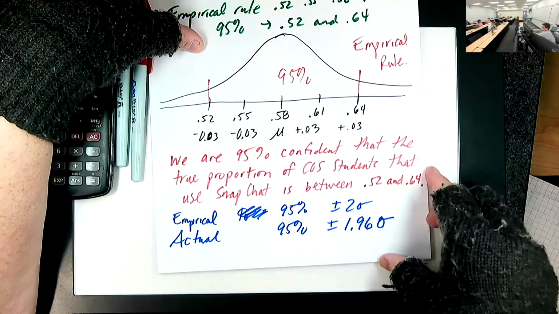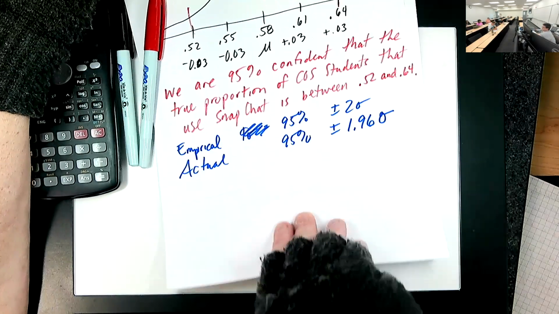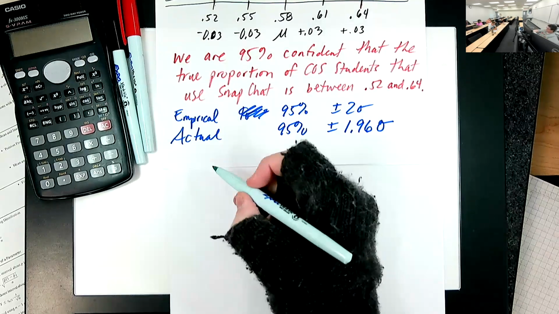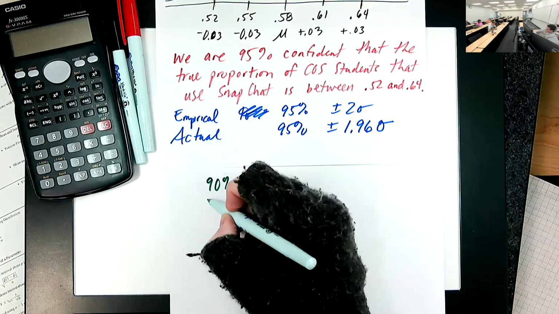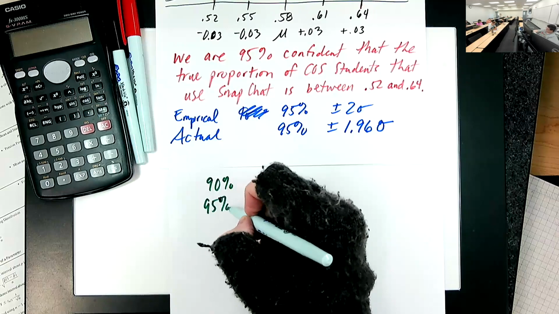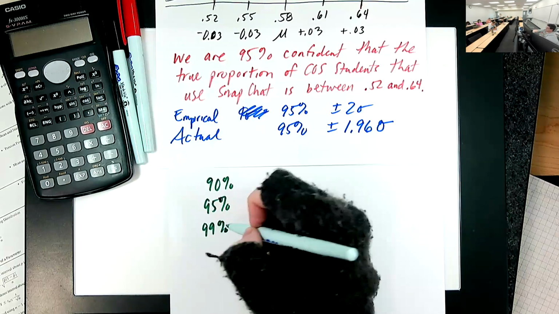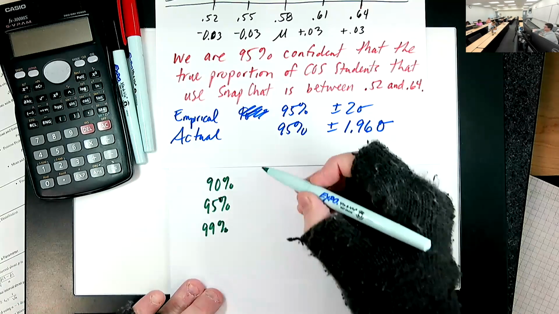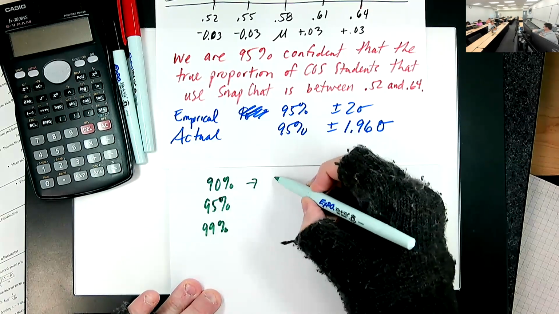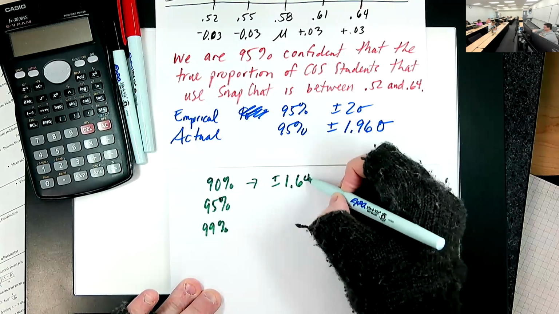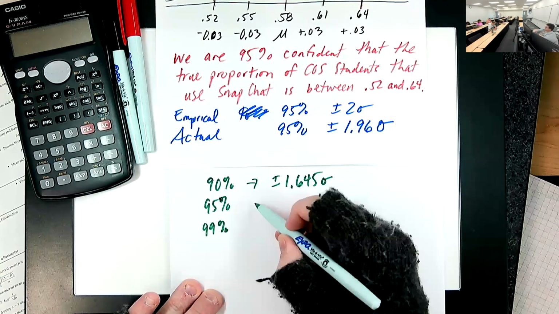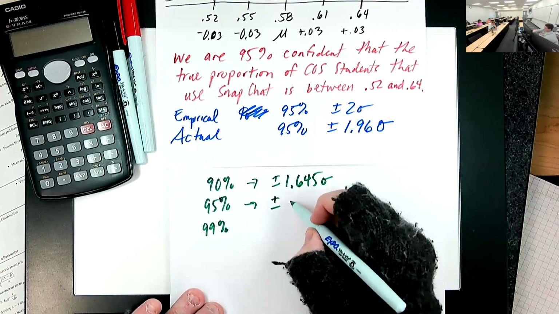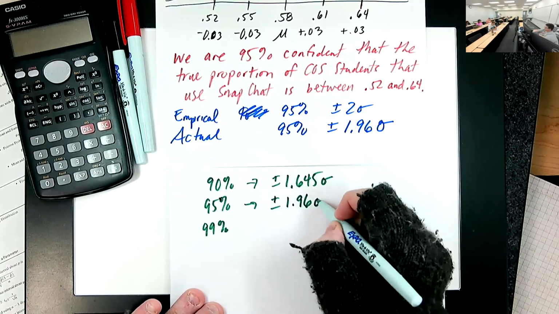In fact, let's show the most common ones we use. The most common percentages we use are 90%, 95%, and 99%. These are the most common confidence intervals we use. 90% is plus or minus 1.645 deviations. 95% is plus or minus 1.96 deviations.